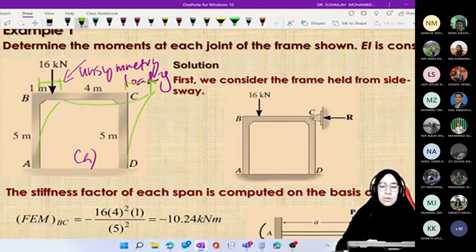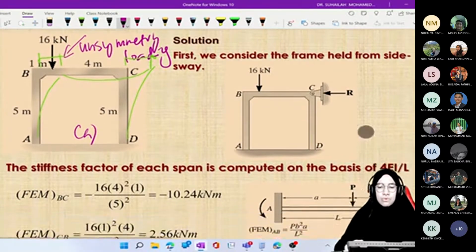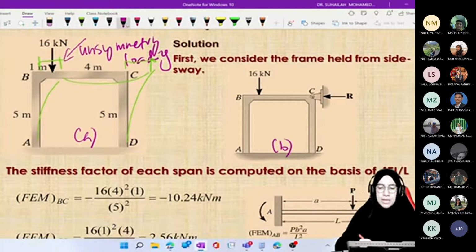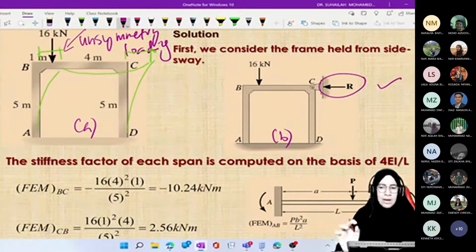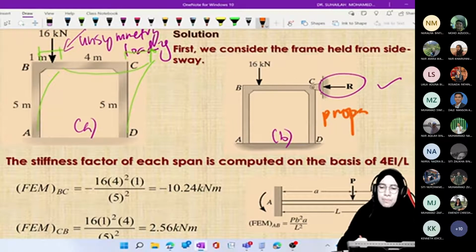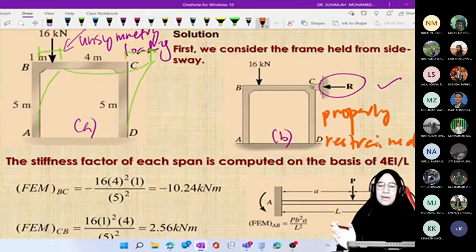Okay, so move to this one. This is B actually. Due to the artificial pin at C, there will be R here, R as the restraining force, and due to this it is now called a properly restrained frame.